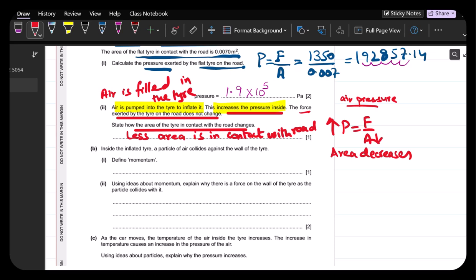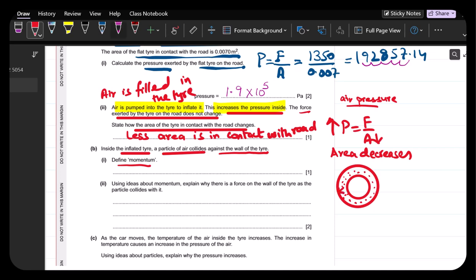Inside the inflated tire, a particle of air collides against the wall of the tire. So air collides, okay, define momentum. If I draw the shape of the tire, somehow this is the tire. Here we have air particles. Suppose this particle goes and collides with the wall.